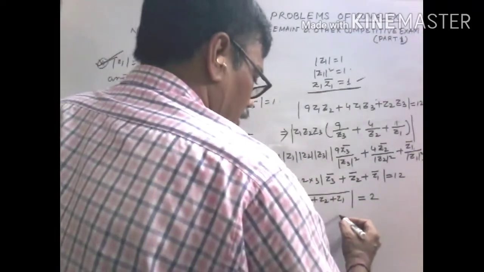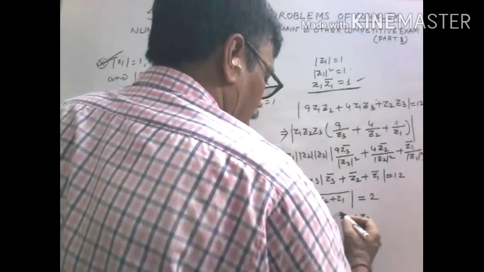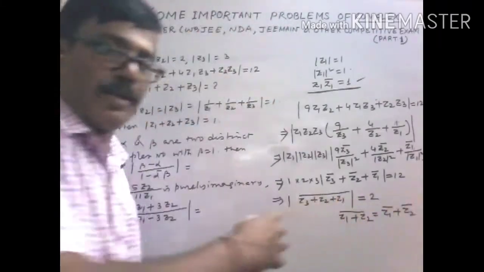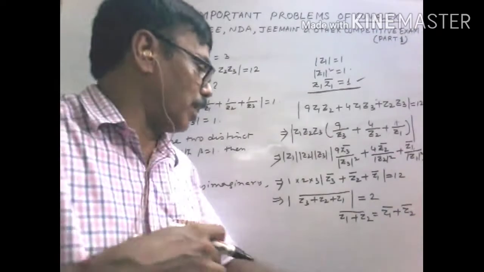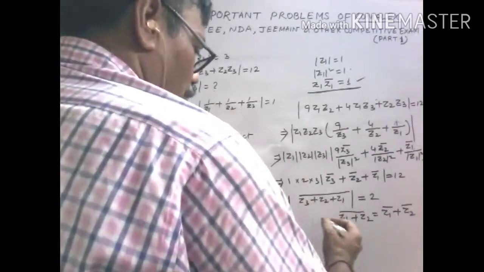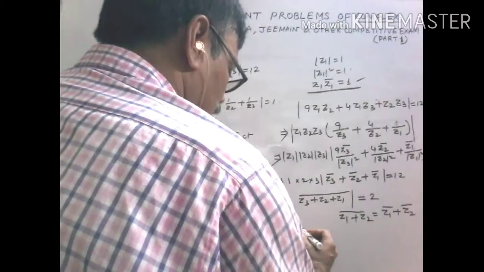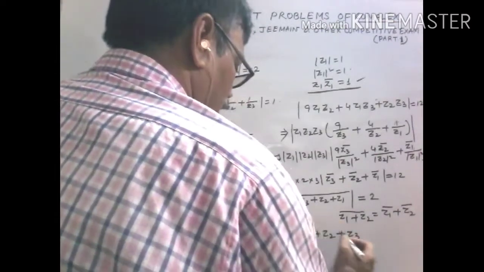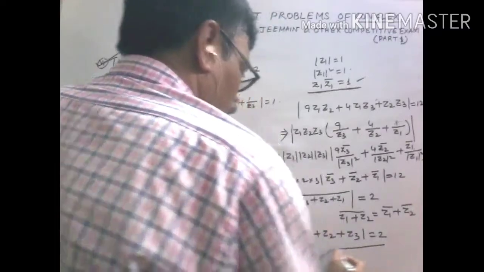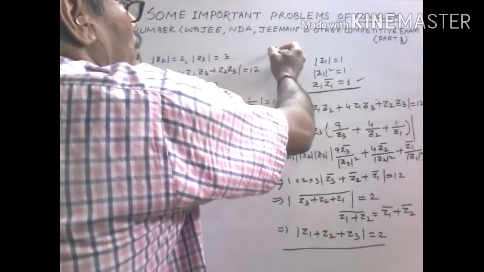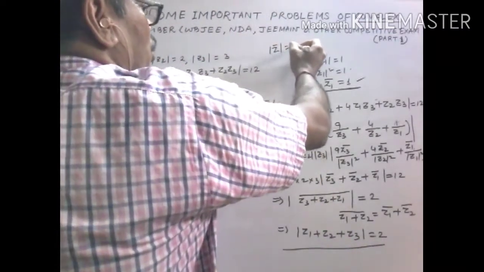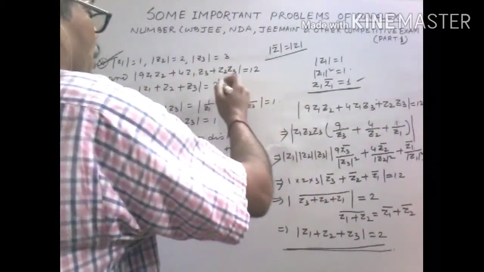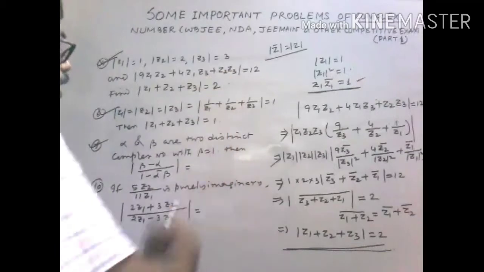This comes from the property that conjugate of z1 plus z2 equals z1 bar plus z2 bar. All of you know it. Now we know mod of z bar, so this is again mod of z1 plus z2 plus z3 equals 2. What is the property? Mod of z bar equals mod of z. So what is the value of the expression? The value of the expression is 2.